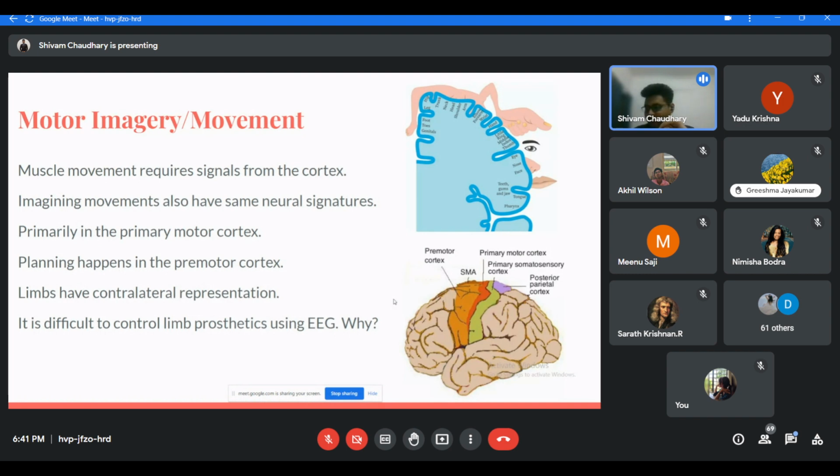And I have a question for the audience. It is difficult to control limb prosthetics using EEG. Does anyone know why? You can tell me, or you can write it in the chat box. The answer is right in front of you if you analyze the slide carefully.